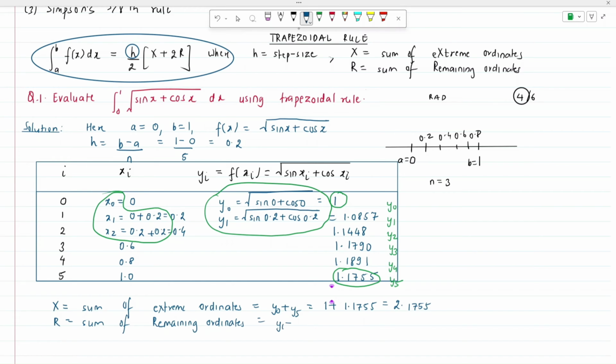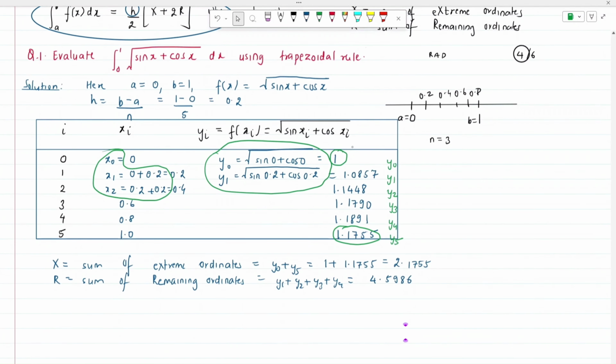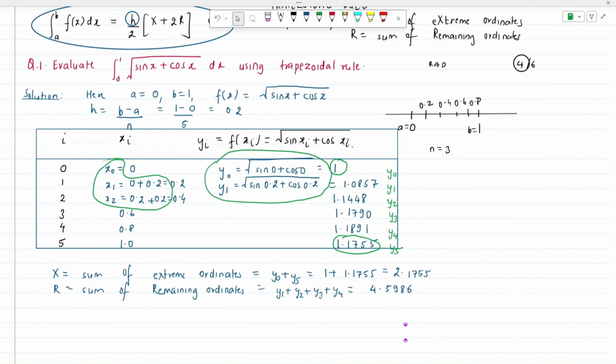Likewise, R is the sum of remaining ordinates. That's going to be y1 plus y2 plus y3 plus y4, and that turns out to be 4.5986. Having these two values ready, we can talk about the integral. Therefore, the integral from 0 to 1 of the square root of sine of x plus cosine of x dx is equal to h by 2 times X plus 2 times R. This follows from the trapezoidal rule.